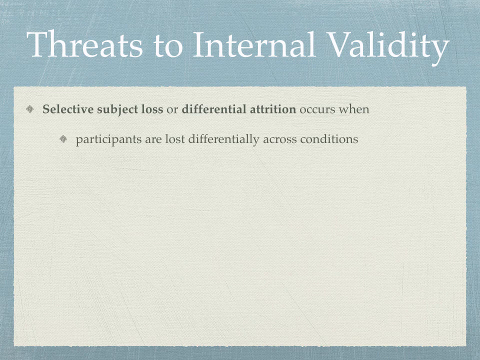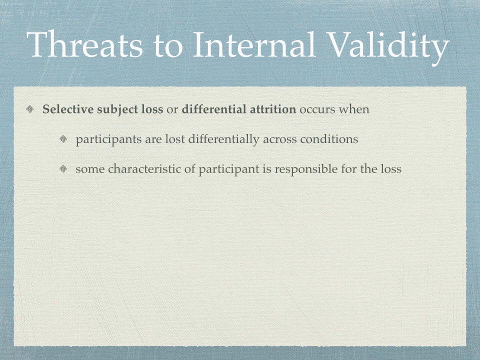Again, this occurs when participants are lost differently across conditions. There may be some characteristic of the participant that's responsible for the loss. Maybe the participants that have really demanding schedules are the ones dropping out, because they have a lot of stuff to do and they don't have time to do this really annoying study.